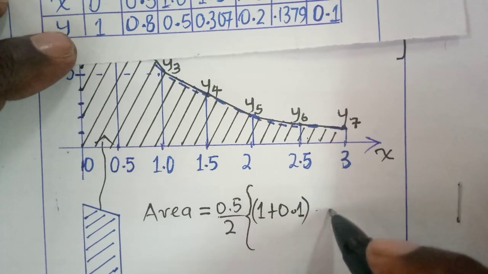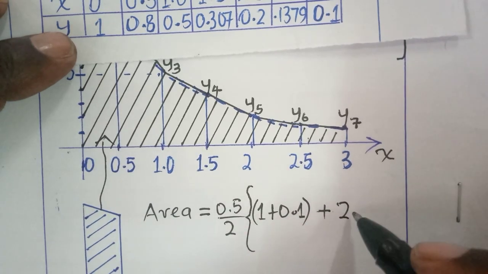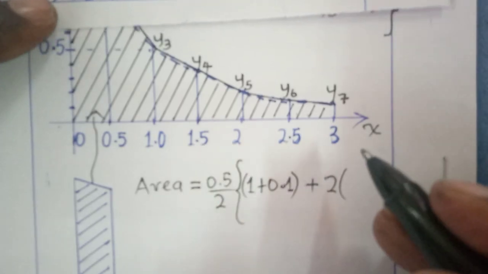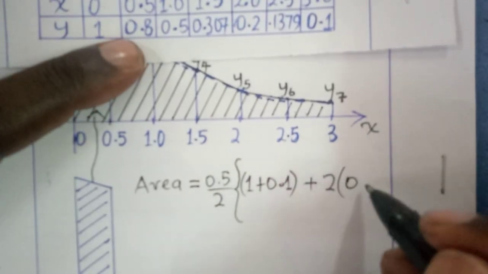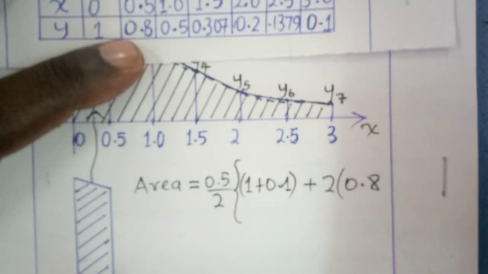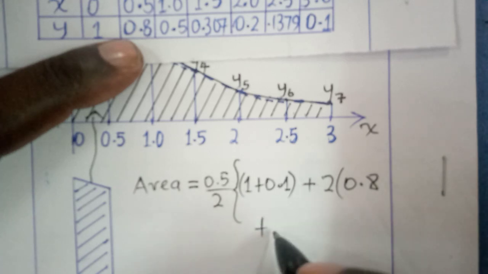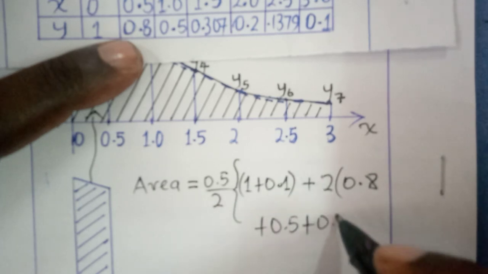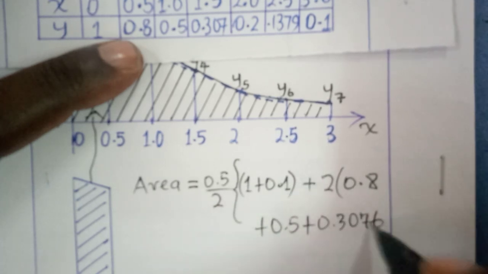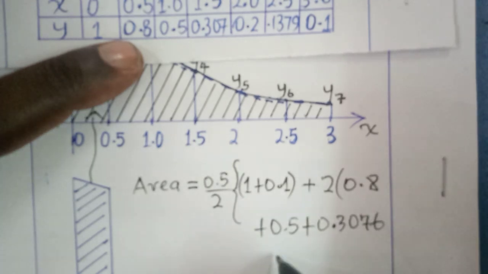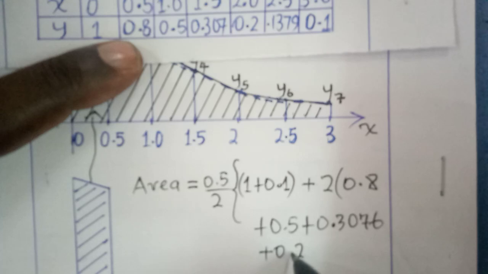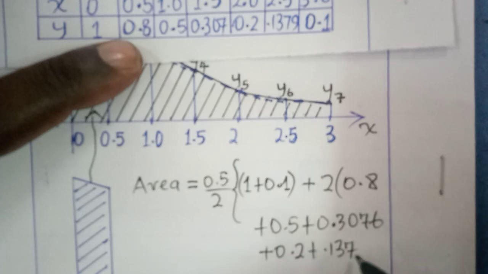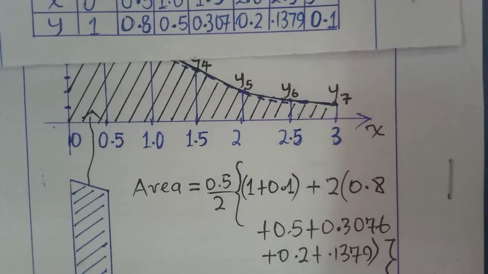Plus 2, you multiply by the rest. The rest we have 0.8 plus 0.5 plus 0.307, that one is supposed to be 6 there, plus 0.2 plus 0.1379, like that. That's what we are supposed to add together.